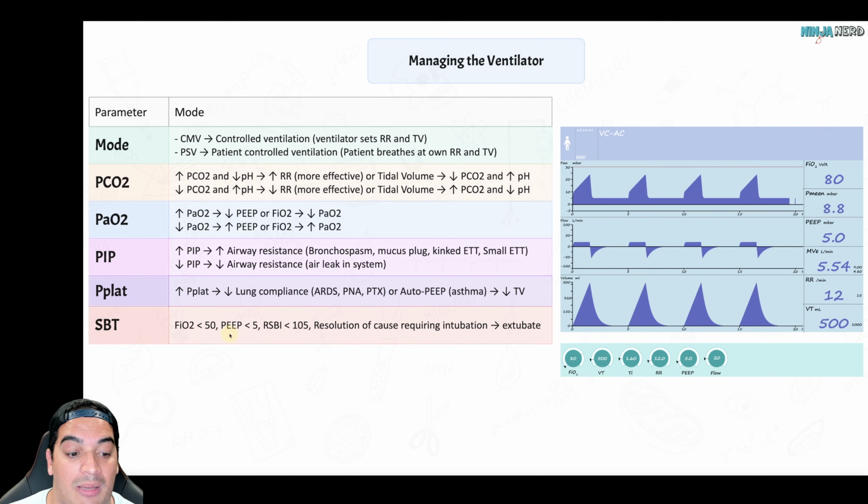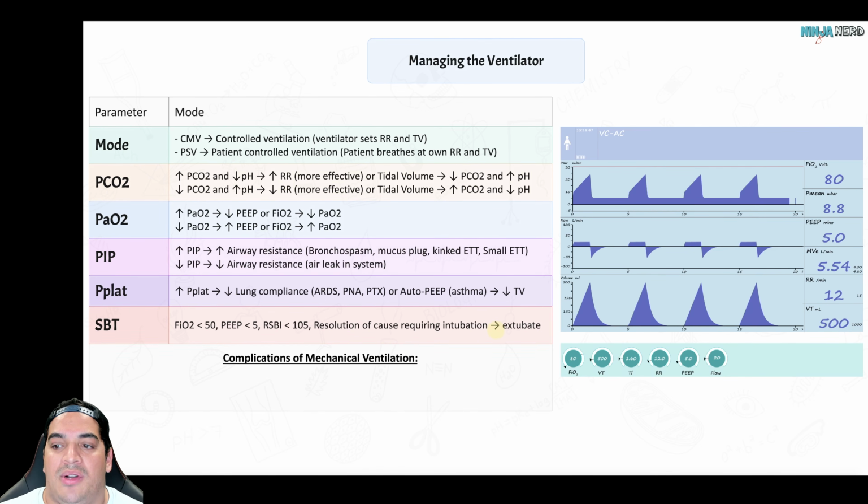Okay, good. Is their PEEP really, really minimal? Good. Is their RSBI, their rapid shallow breathing index, are they breathing really, really fast and not taking very good deep breaths? These are all things that would say that a patient would likely succeed and be able to be extubated. If they don't meet these criteria, you should probably not extubate them because they'll have a high risk of being re-intubated.